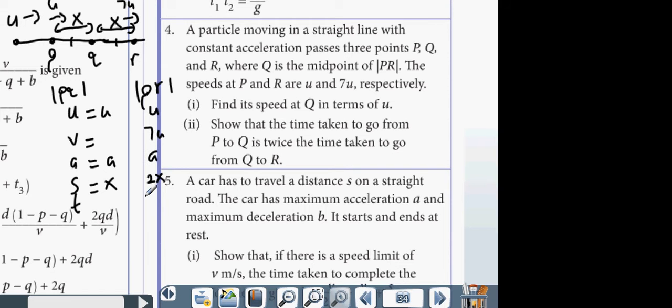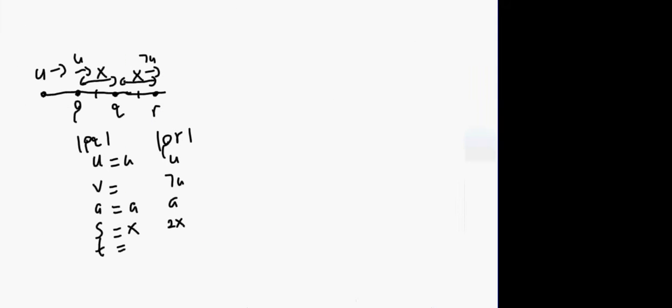And what do we know about the times? We know nothing about the times at this point, okay? So what I'm going to first use here is, if you look at the list, we haven't got t, but we have u, a, and s. So we'll go for v squared equals u squared plus 2as. The one we have more information about is PR, isn't it?